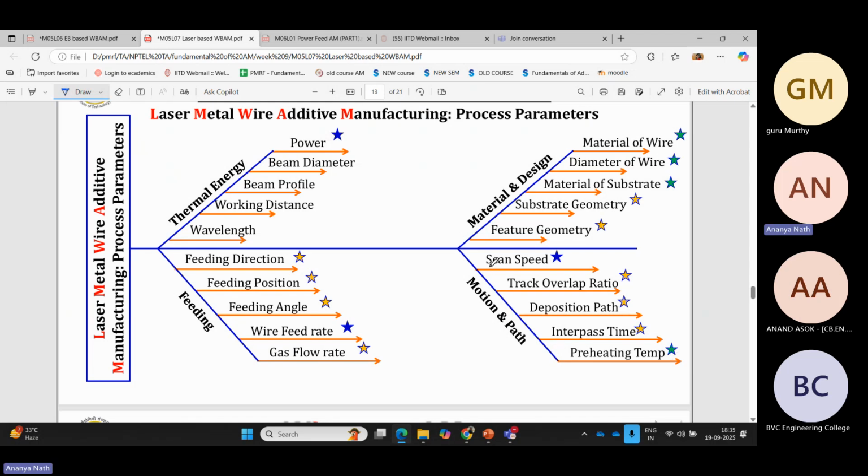According to me, the foremost parameter for any laser-based AM process is the scan speed, because scan speed tells us the interaction time of the laser beam with your feedstock material at the time of deposition, depending upon which you get how much energy is getting transferred, knowing the power of the laser beam. So the combination of power and scan speed gives us the main property of the deposition.